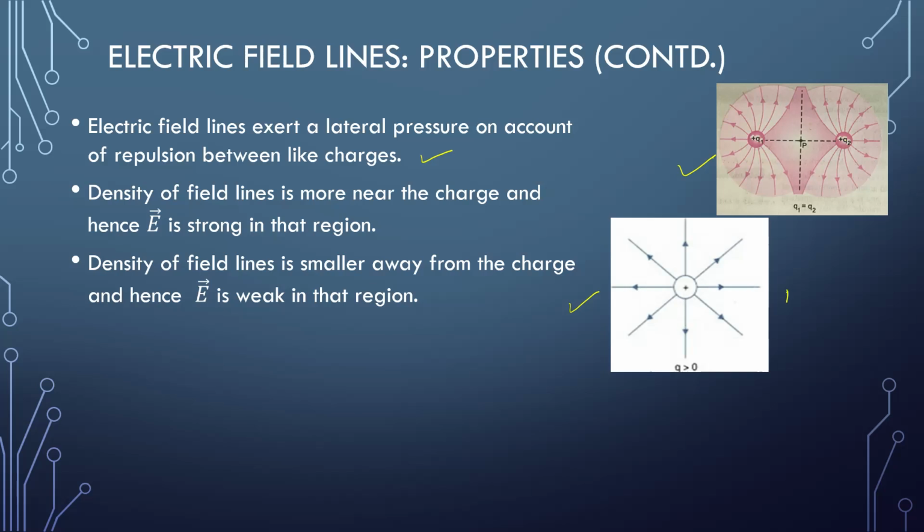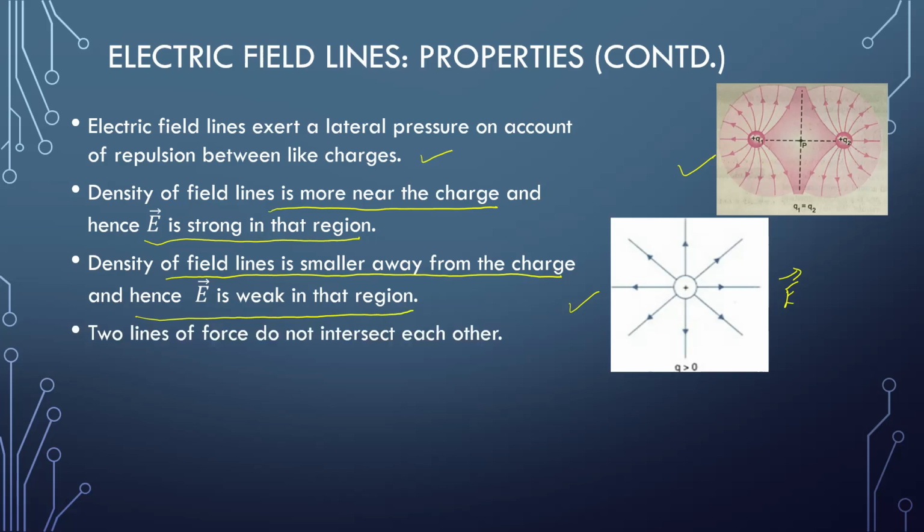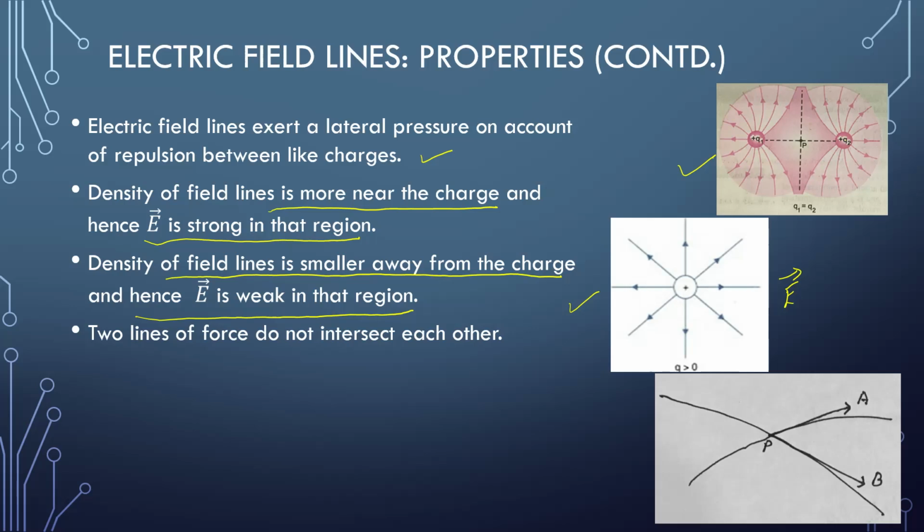So, when the density is more in a particular region, electric field is strong in this region. As we go on moving away from the charge, the density of the field lines will become smaller and electric field will become weaker and weaker. So, the density of the field lines is more near the charge and hence electric field is strong in that region. Density of field lines is smaller away from the charge and hence electric field is weak in that particular region.